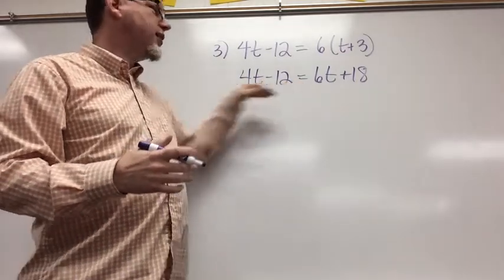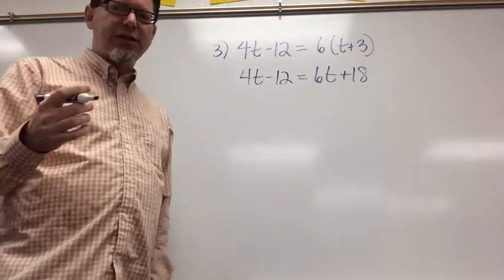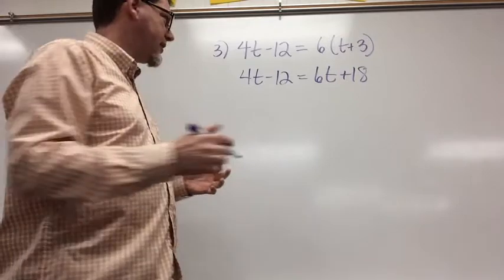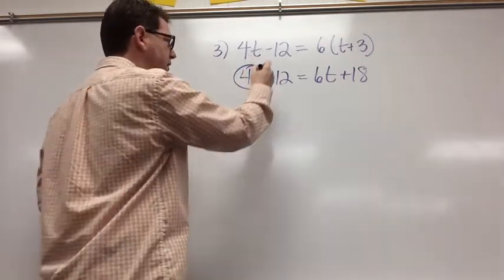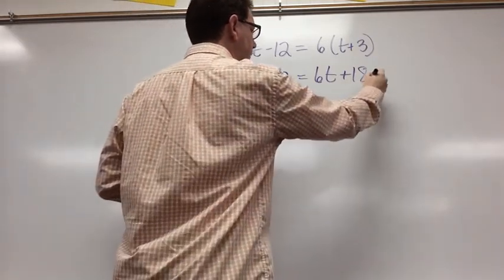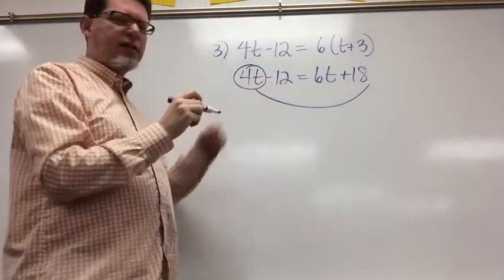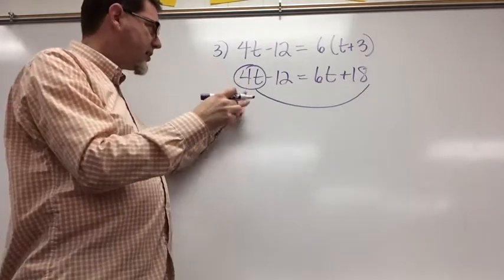Now, I could subtract 4t from both sides, and yes, that works. But something else that works is the magic equal sign. The magic equal sign says that if I take the 4t and I move it to the other side, the sign of the 4t changes when it crosses the equal sign. The equal sign performs its magic, and the sign changes.